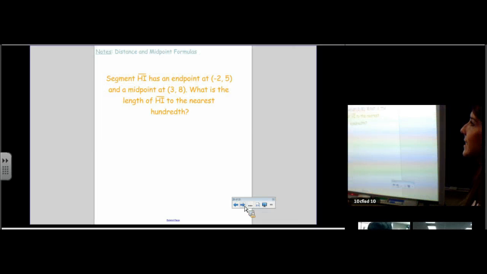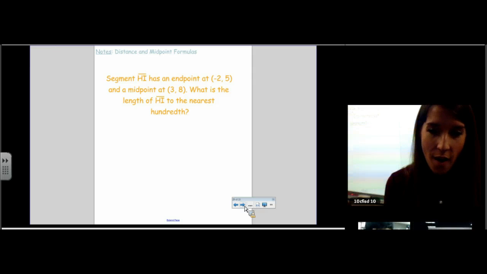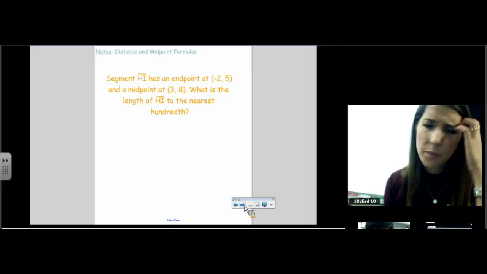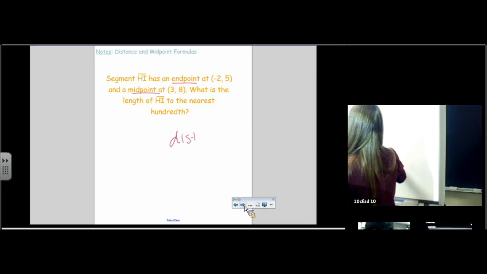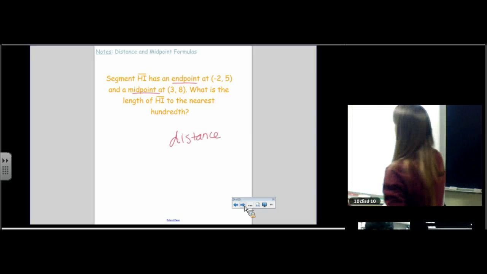Segment HI has an end point at -2, 5 and a midpoint at 3, 8. What is the length of HI to the nearest hundredth? Hopefully you're thinking to yourself, well, if I have an end point and a midpoint and I find the distance, then that distance is going to be half of my whole segment.